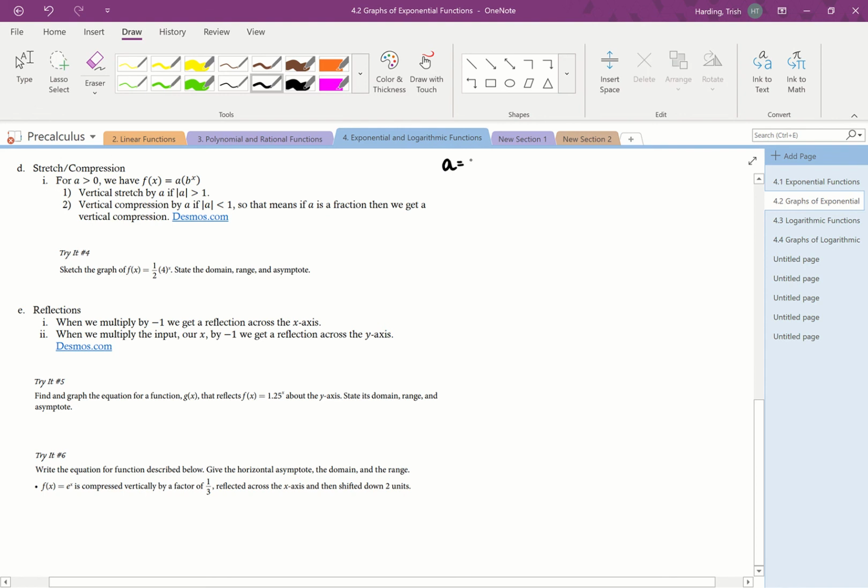So our A here is half. So the absolute value of A is less than 1. So we're going to have a compression, so it's going to go out more. And my B here is 4. So I know 2 points on my graph are going to be 0, 1 and 1, 4.